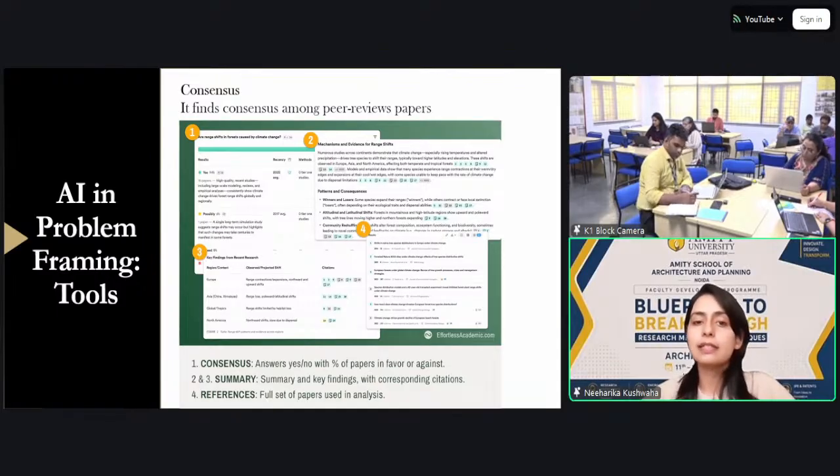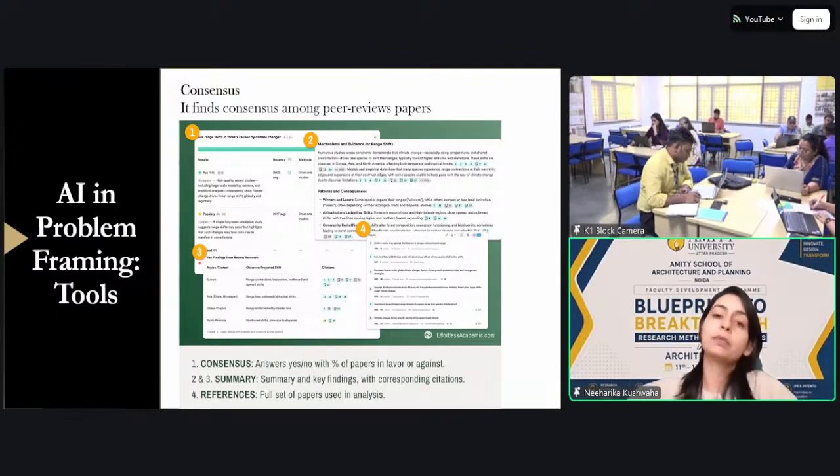For instance, currently as I'm working on a climate change project, it helps me understand a certain kind of question being asked around the world. What is the context in the West? How are people perceiving the same topic in the East, and the publications that have come out? What kind of authors are there?